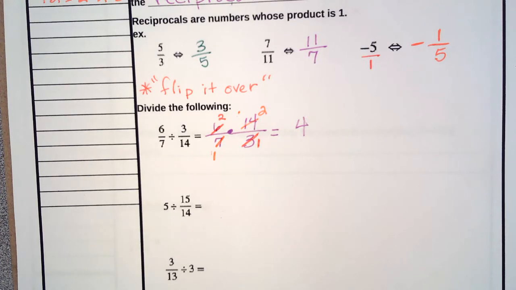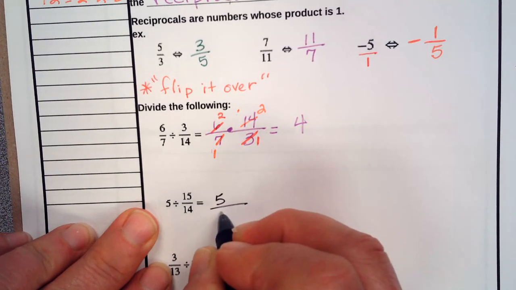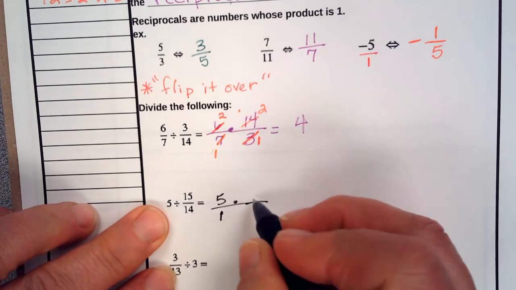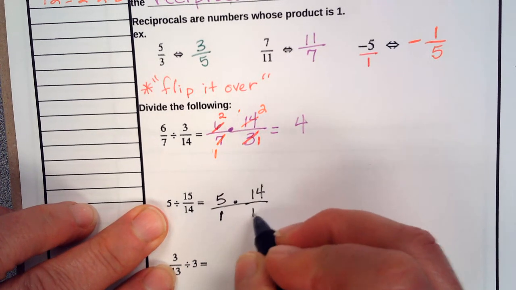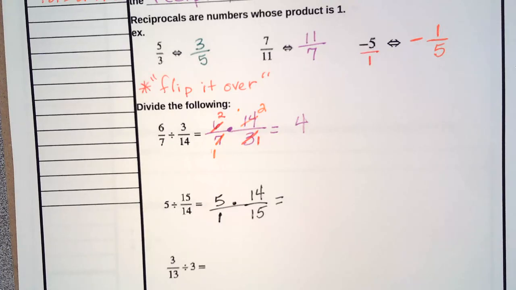Okay. Let's look at the next one. Remember, 5 is 5 over 1, and I'm going to multiply it by the reciprocal, which is 14 over 15. Do I have common factors? Yeah.